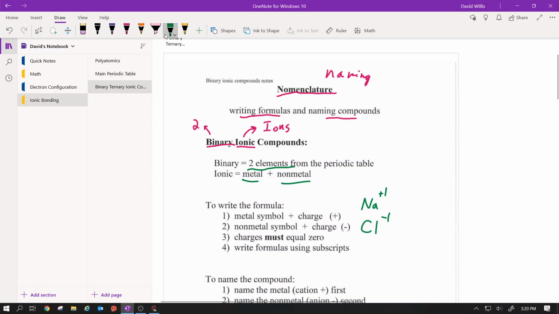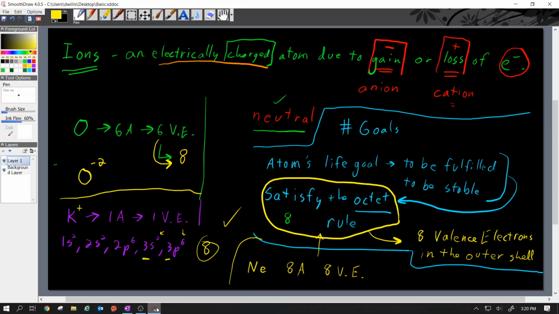Let me go back to our other page for just a moment. Okay, so forget all that. I told you, speedy. So let's look at our Na+ and our Cl- that we began discussing on the previous page.